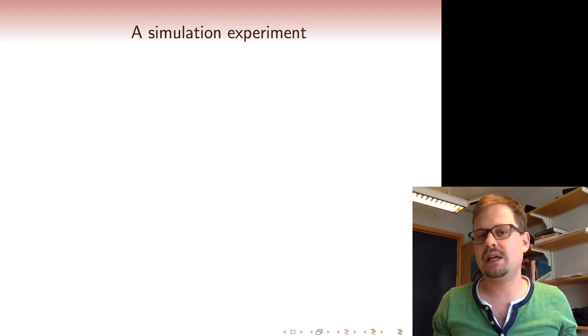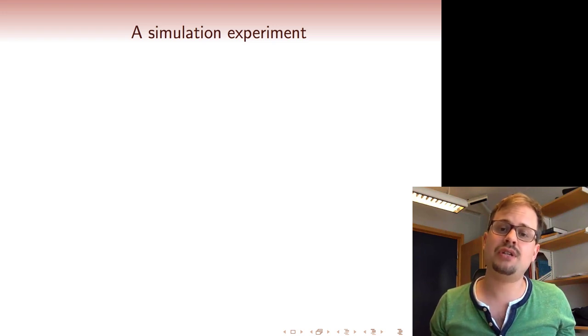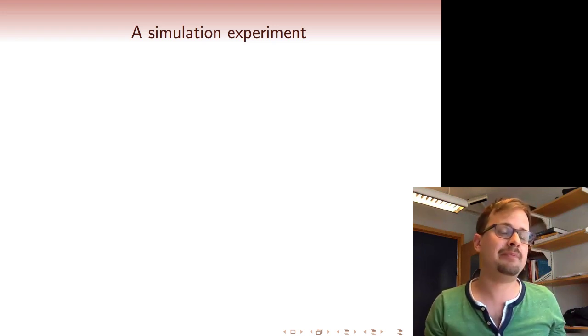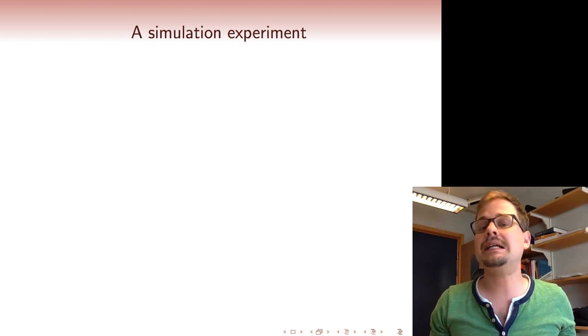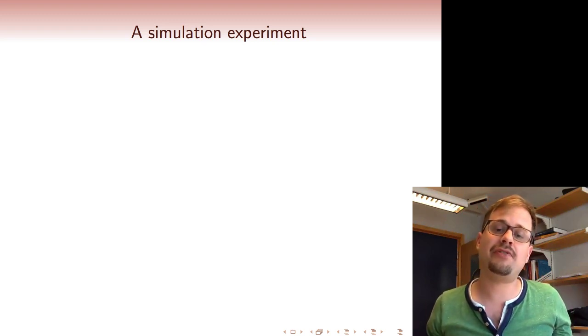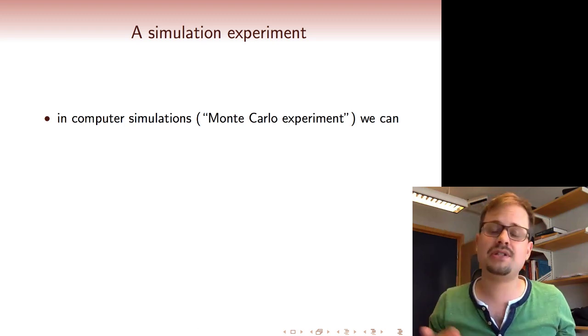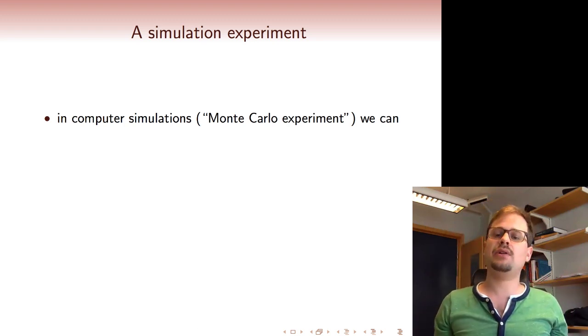So evaluating the quality of the OLS estimator using real data that you have maybe collected in the field typically doesn't work well. So what we do instead is that we evaluate the performance of the OLS estimator in a controlled setting using a simulation experiment that we conduct using a computer. Such a computer simulation is called a Monte Carlo experiment.